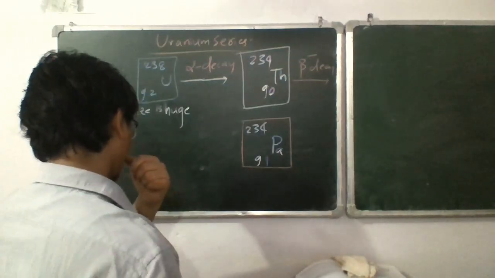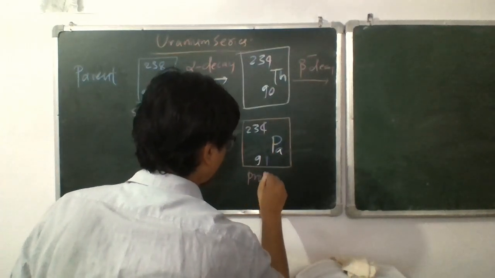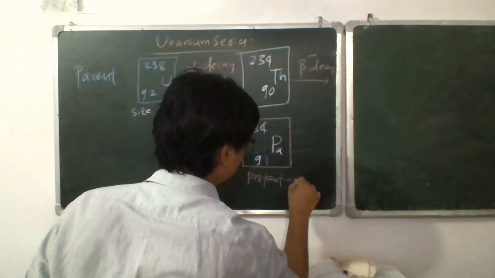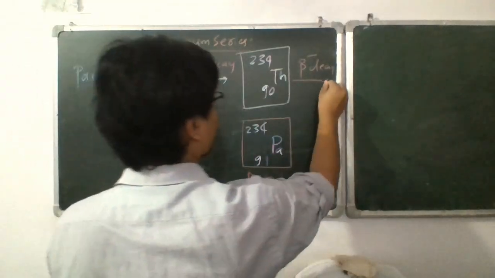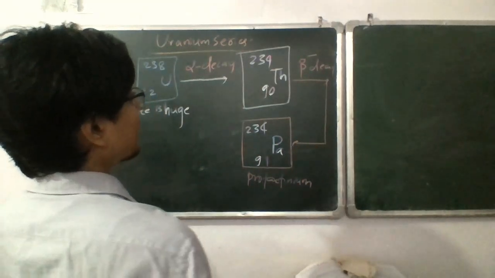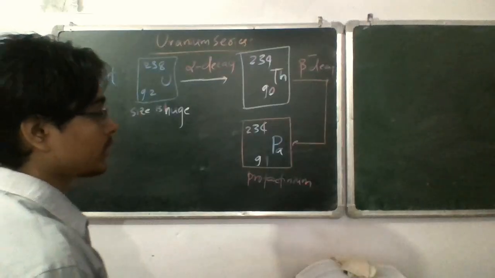Now I think I should write the name of it: protactinium. We got it by beta minus decay from thorium 234.